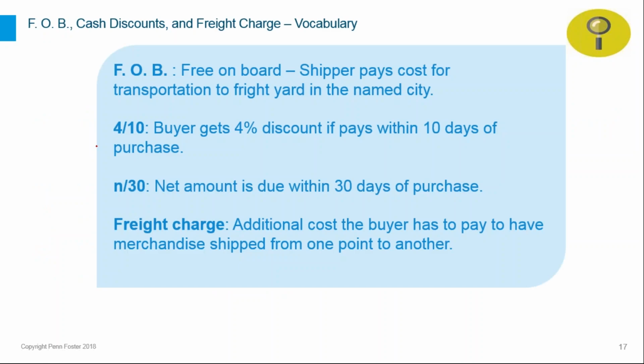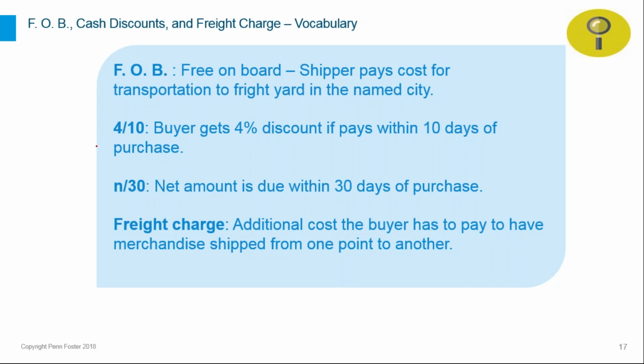The next topic, we're going to see some vocabulary that is special to when you are a business and you're purchasing merchandise you're trying to sell to others through another business. They have some terminology like FOB, which is free on board.